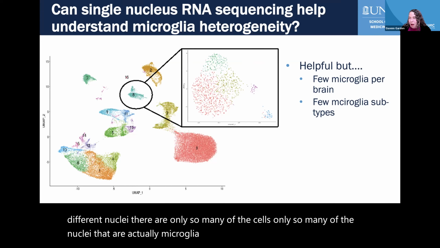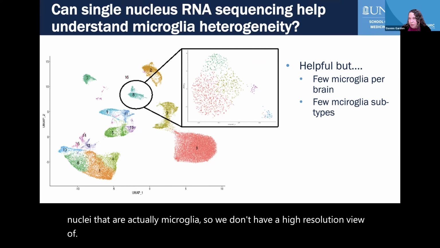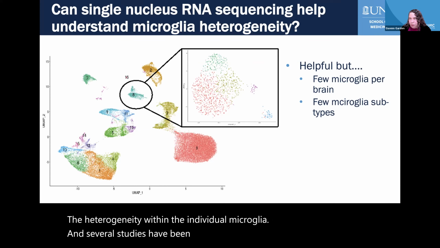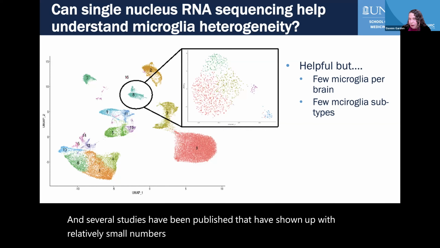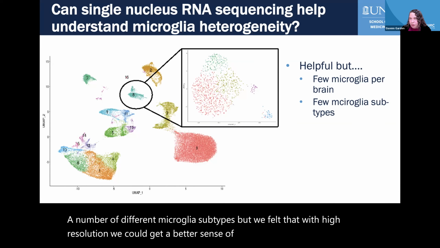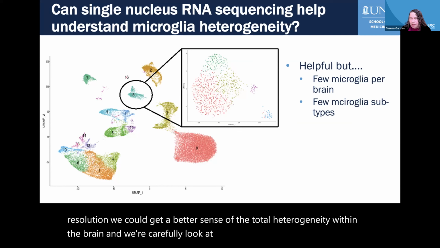So we don't have a high resolution view of the heterogeneity within the individual microglia. Several studies have been published that have shown, with relatively small numbers of microglia per brain, a number of different microglia subtypes. But we felt that with high resolution, we could get a better sense of the total heterogeneity within the brain and more carefully look at how AD may influence that.